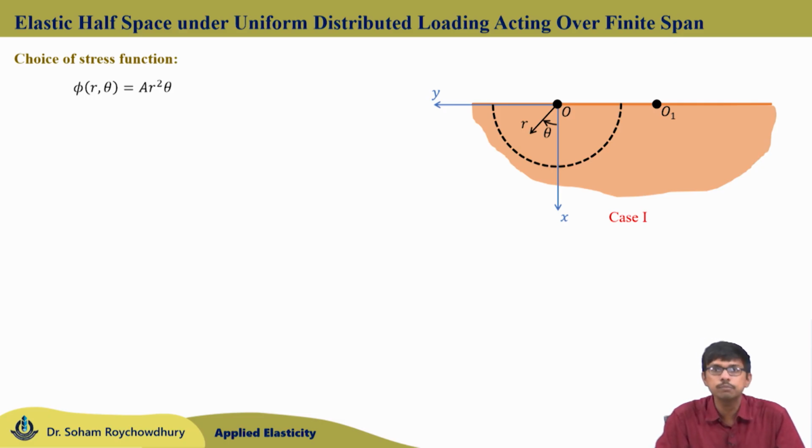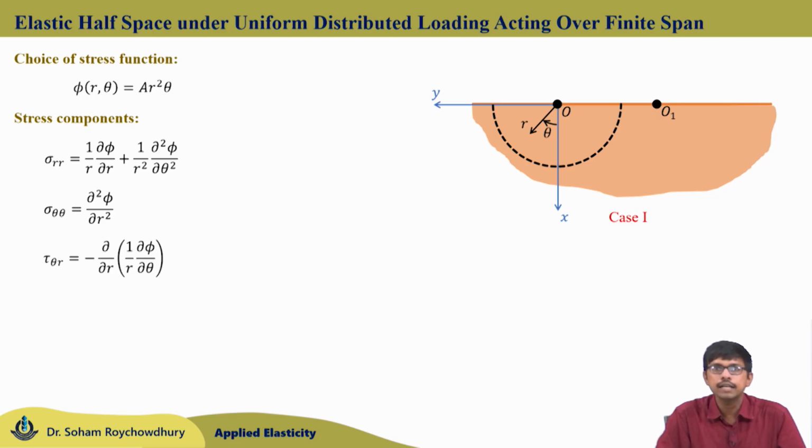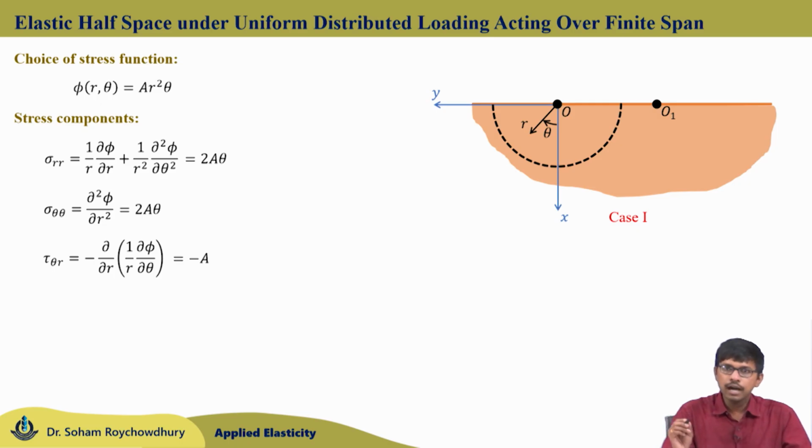Now, with this form of phi, the stress components are: sigma r r is 2 a theta, sigma theta theta is 2 a theta, and tau r theta is minus a. So, both sigma r r and sigma theta theta are equal, given by 2 a theta, whereas the shear stress tau r theta is a constant, minus a. It is independent of r and independent of theta. That is what we want.